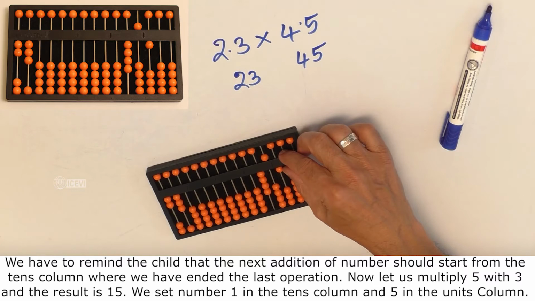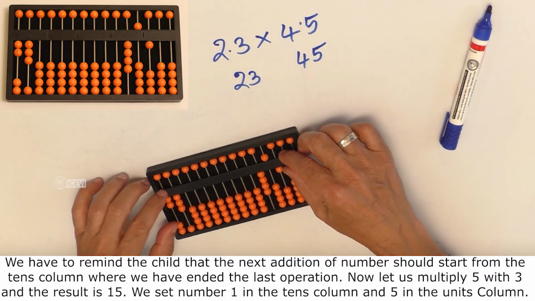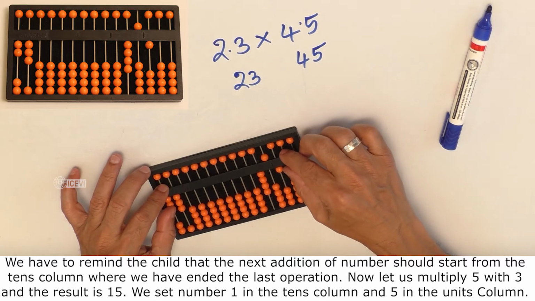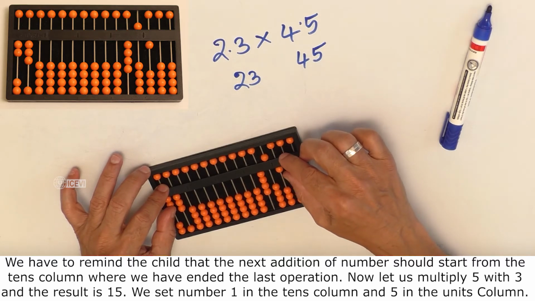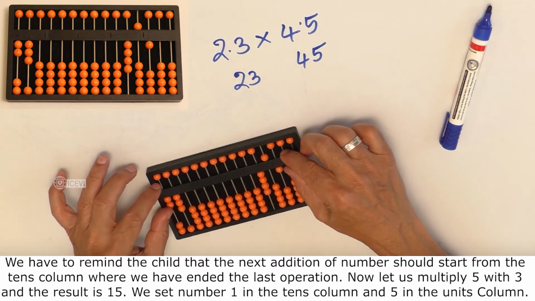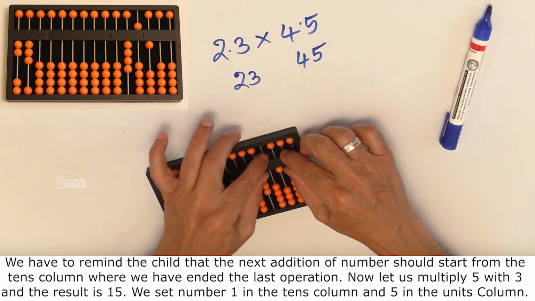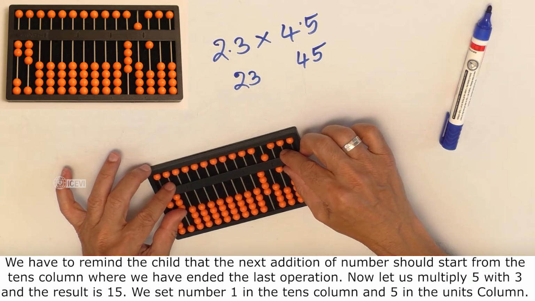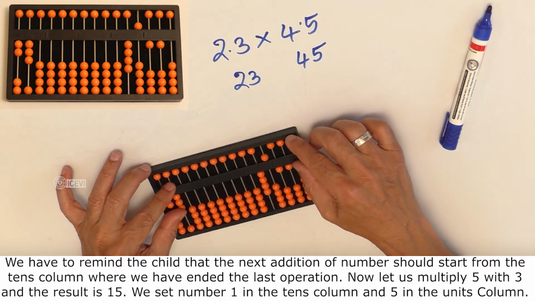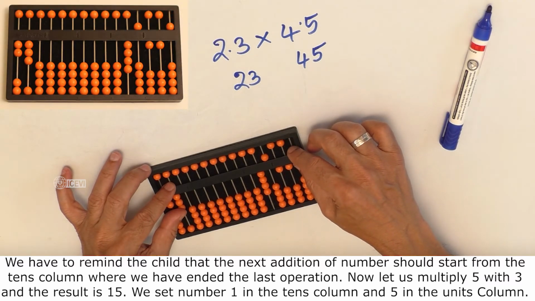We have to remind the child that the next addition of number should start from the tens column where we have ended the last operation. Now, let us multiply 5 with 3 and the result is 15. We set the number 1 in the tens column and 5 in the units column.